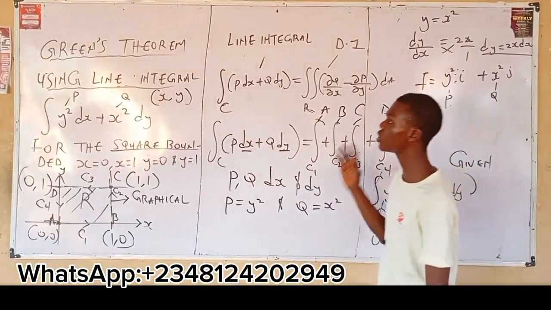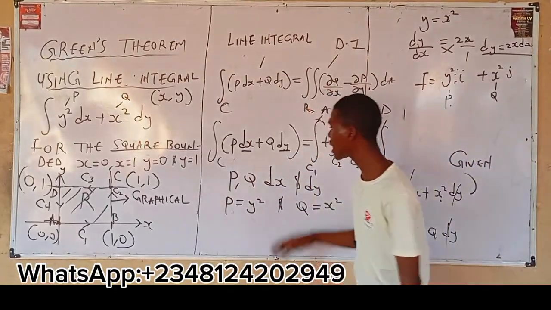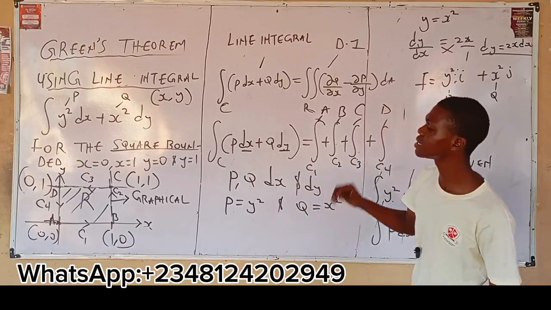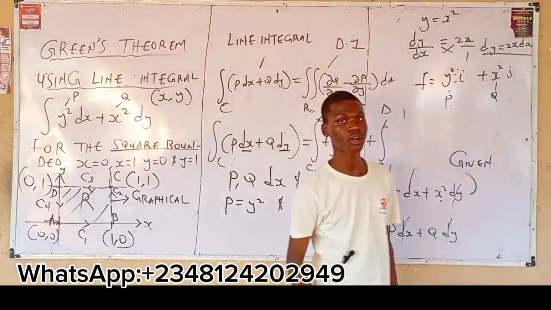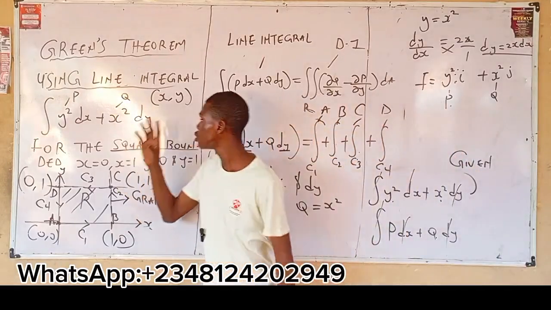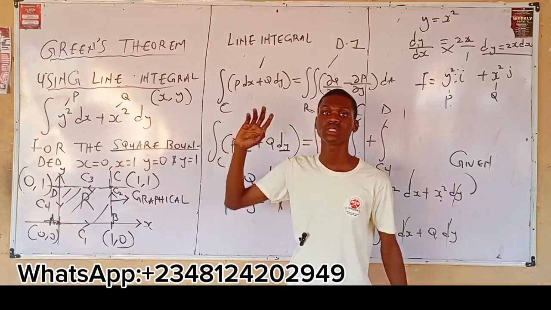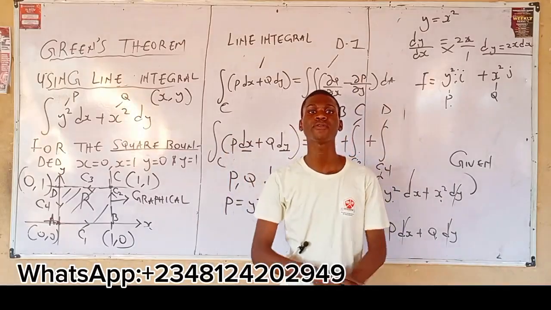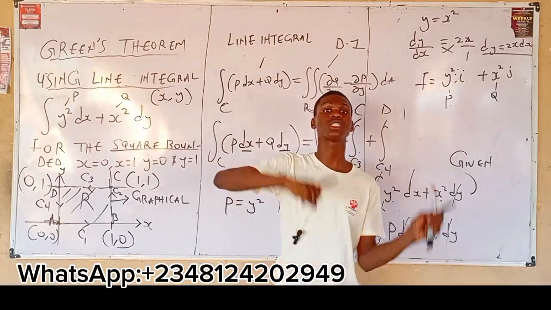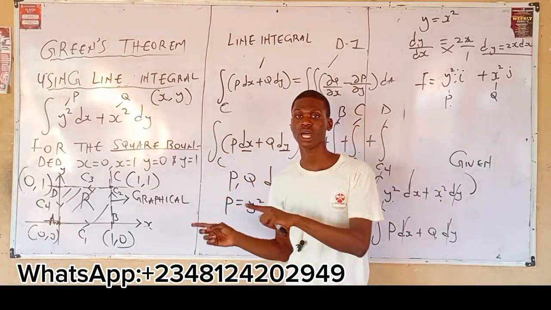Now the question is, how do you know this function of y and x at each segment that you want to apply this line integral to? This is where the idea comes. You have two methods. You have the shortcut method and you have the parameterization formula. By parameterization, you apply formula for x and y. You can watch the triangular method.